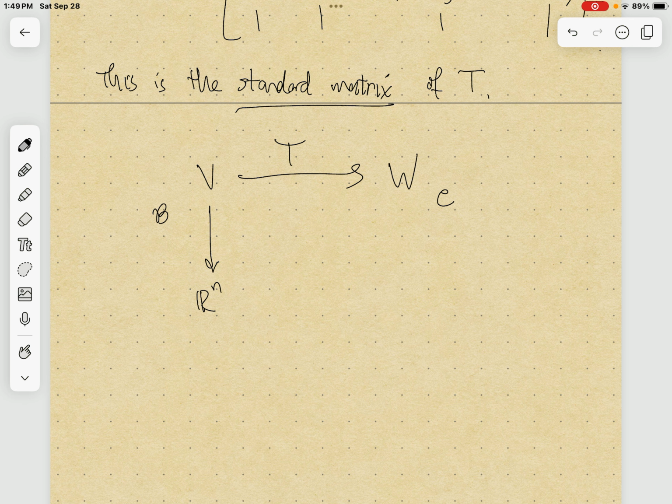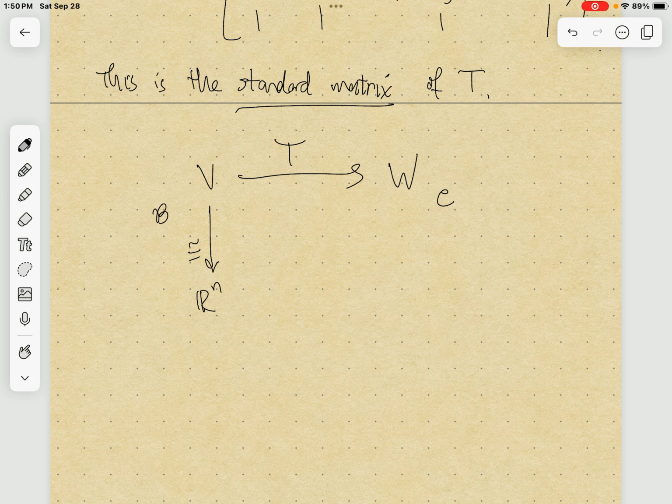It takes V onto Rn, and it's a one-to-one map. There's no way you can take two distinct elements of V and get the same element of Rn. So this is what's called an isomorphism. Yeah, okay, maybe I won't use that term.